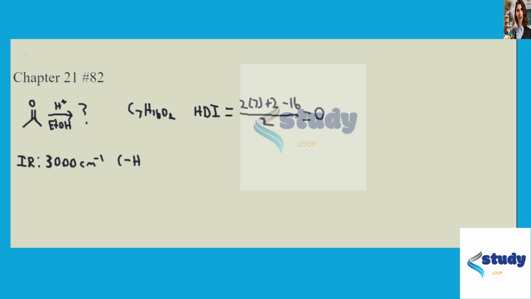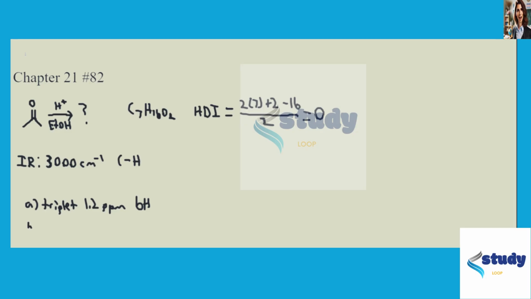The NMR is pictured in the problem. I'm not going to redraw it, and we'll just take it a piece at a time. Moving from right to left, let's number the signals. I'll call the first one A, and A is a triplet at 1.2 ppm that integrates to 6.